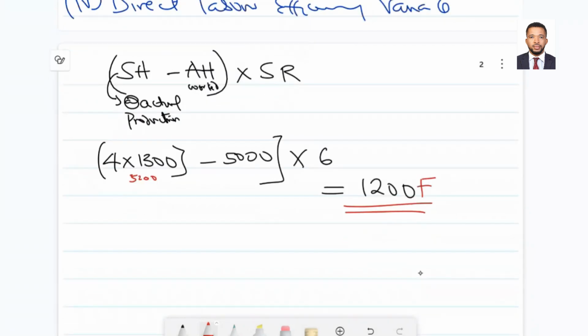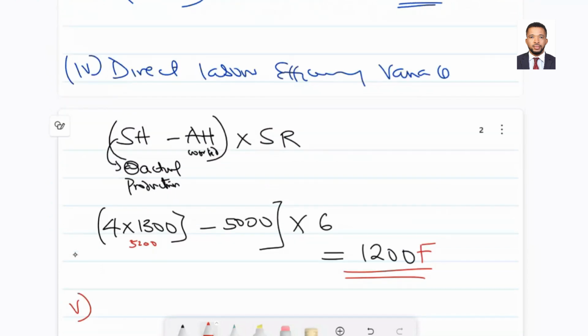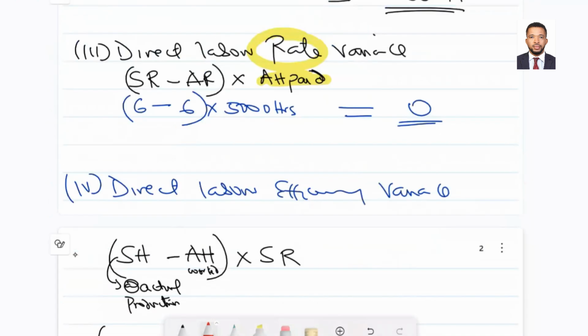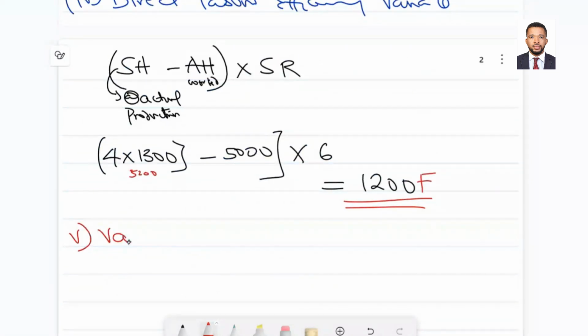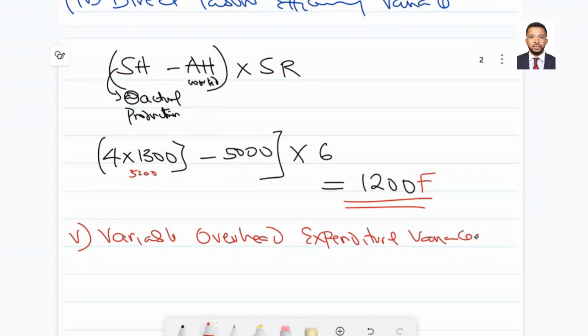Next. What's the next one? Variable overhead expenditure variance. Variable overhead expenditure is the same thing as direct labor rate.